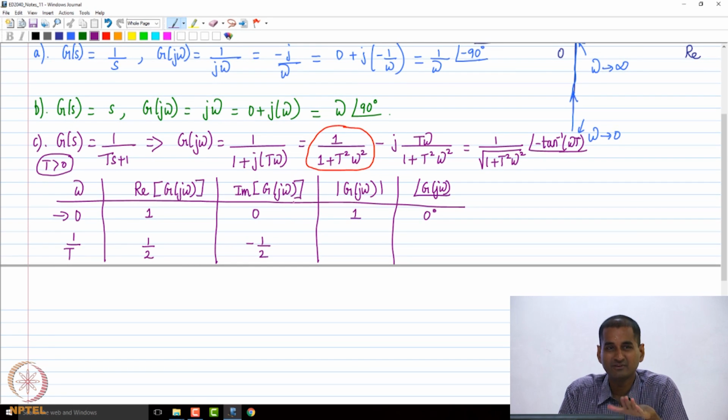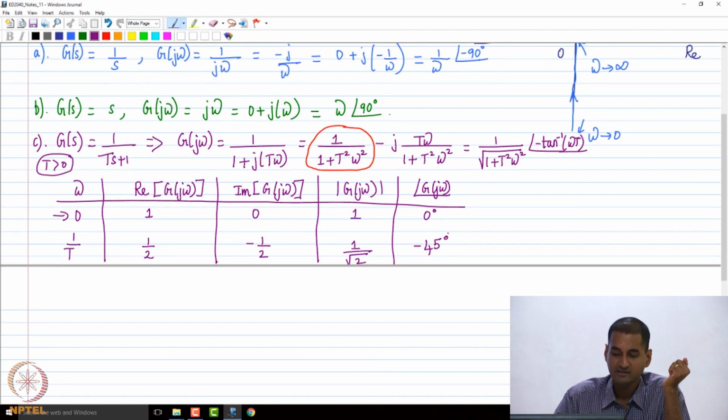Of course, I'm not writing j; if you are very particular, you can write minus j by 2, but it is understood that we have the j. Then the magnitude is 1 by root 2, and the phase is minus 45 degrees.